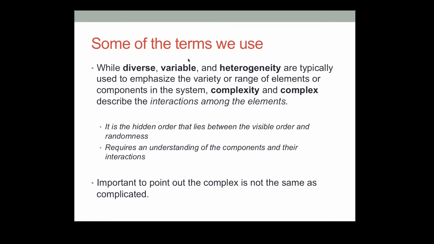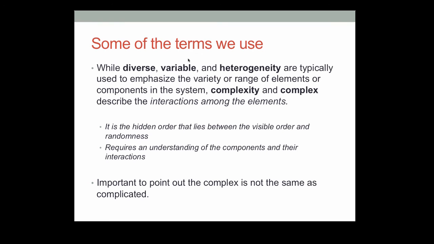One is that there's going to be some hidden order that lies between the visible order and the randomness associated with the distribution, the range of elements and components in the systems, right? And so what this really requires is that we have a good understanding of the components, their distribution in both space and time, and then how they interact with each other.